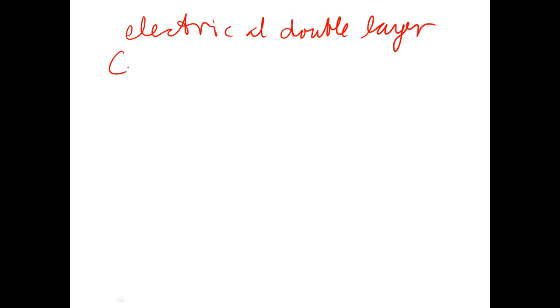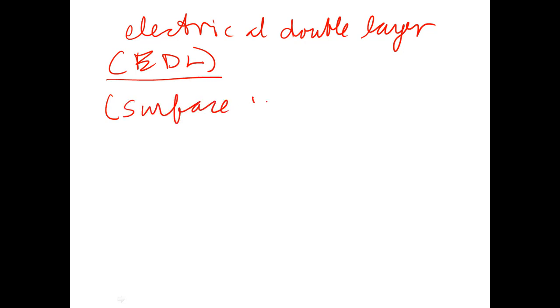So that comprises what we call the electrical double layer, which we'll abbreviate the EDL. And there's 3 components to the electrical double layer. There's our surface charge, which we call chi naught.